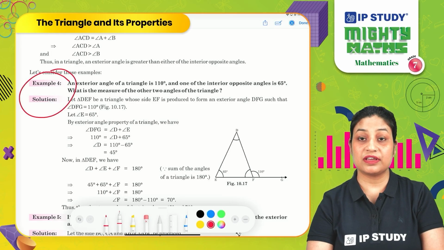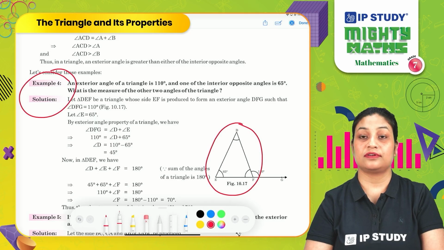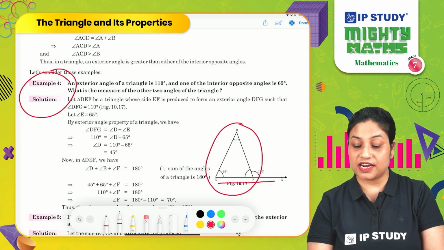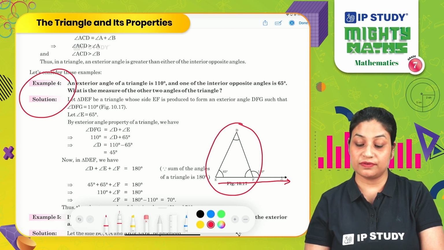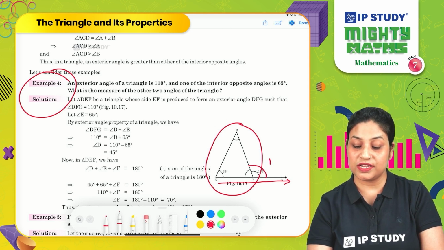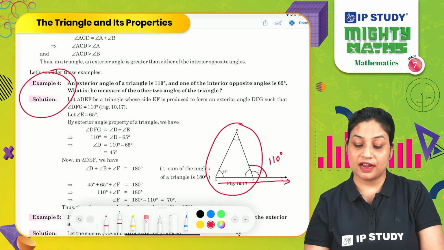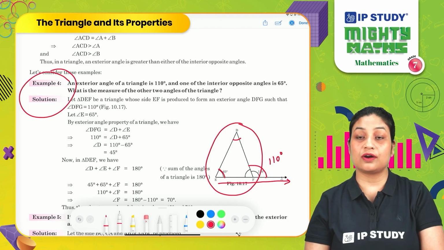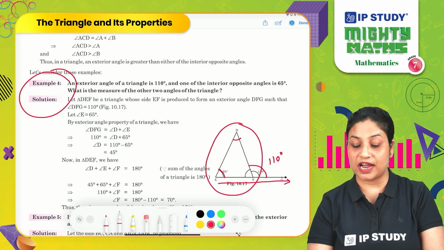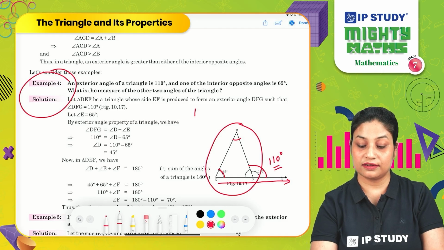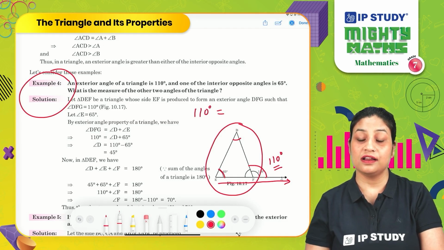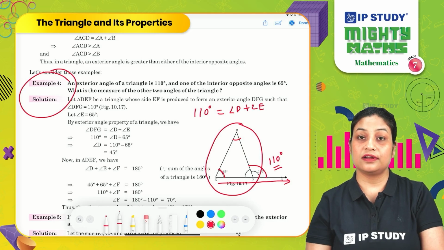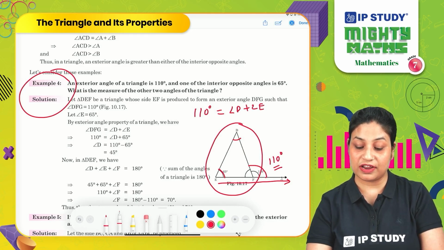Here we have triangle DEF. The side EF is produced to point G in such a way that we get an exterior angle whose value is 110 degrees, and we have two interior opposite angles, angle D and angle E. According to the exterior angle property, the 110 degree exterior angle will be equal to the sum of angle D plus angle E. Now let me put the values and calculate the unknown quantity.